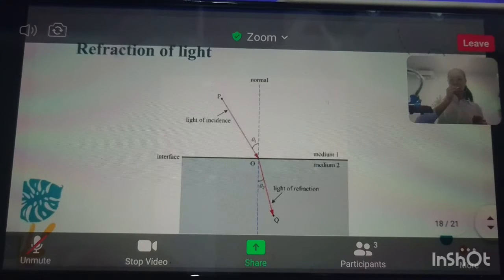Now, as we can see from the picture, there's the refraction of light, as there's a source coming through one medium, and it bends when it goes through the boundary of both media. In this picture, it moves towards the normal. Hence, the angle of incidence is bigger than the angle of refraction.